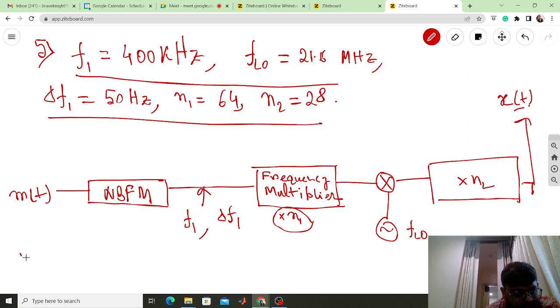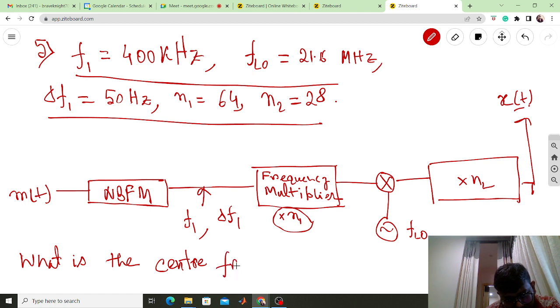So what is the center frequency of x(t)? Here it is f1.